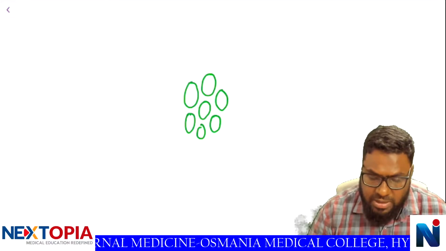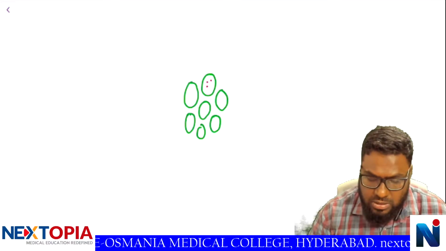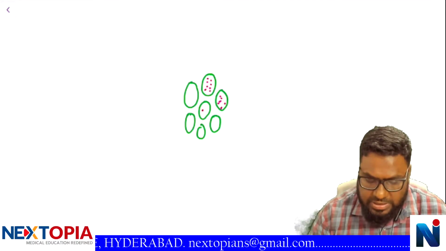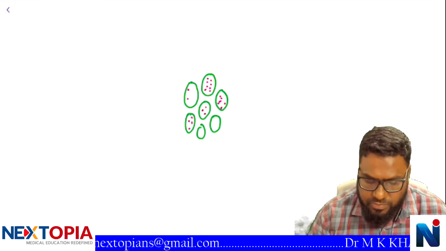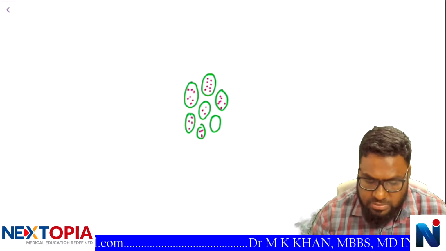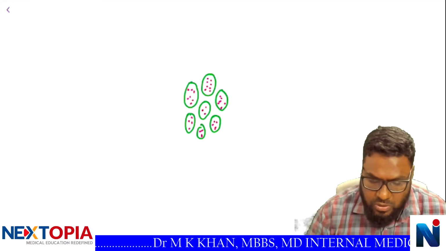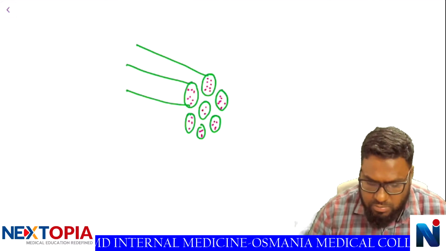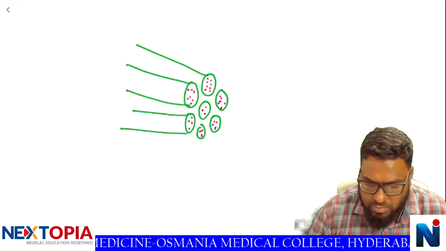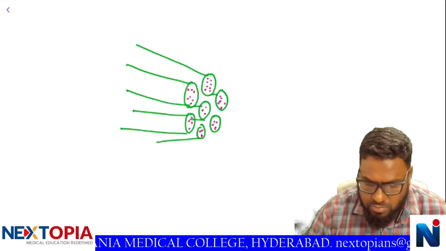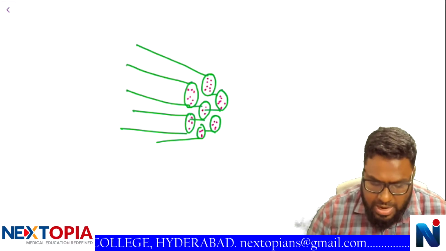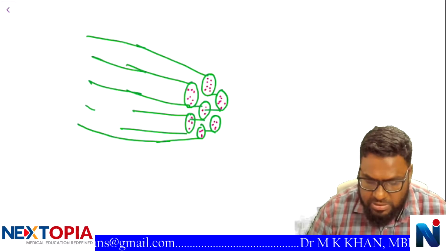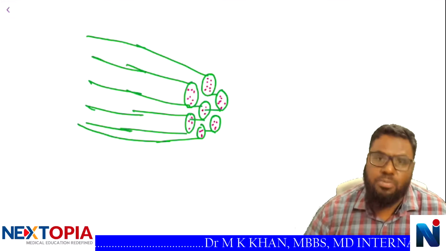Each of these muscle fibers has myofibrils arranged like this. I'm taking a cross section of this muscle fiber. All right. So they are composed something like this. And this forms a muscle spindle. This entire set of muscle fibers will form the muscle proper.